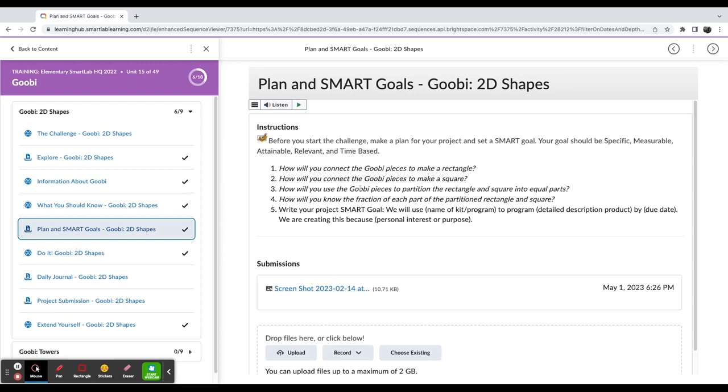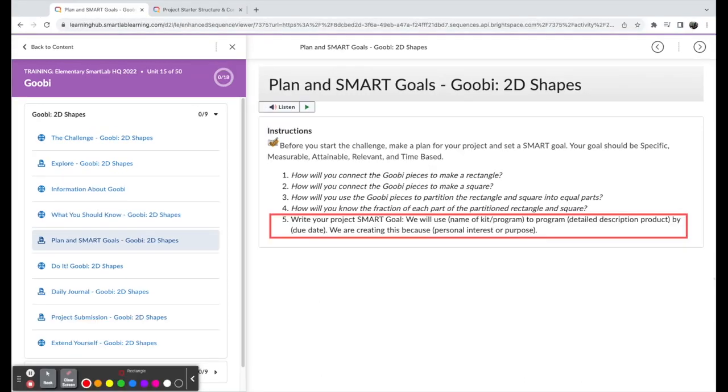You can utilize the SMART goal rubric, which I'm going to attach in the video summary, to help guide you in that conversation if students need more support in writing their SMART goal. A part of the Plan and SMART goal that I also want to call out is that every Plan and SMART goal assignment will always have this as the last question, really writing your project SMART goal and providing the students with a sentence frame in order to write their SMART goal for their project.